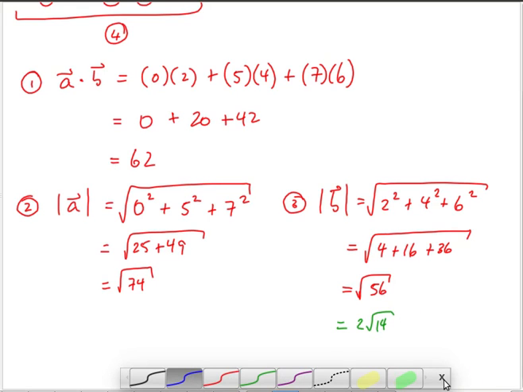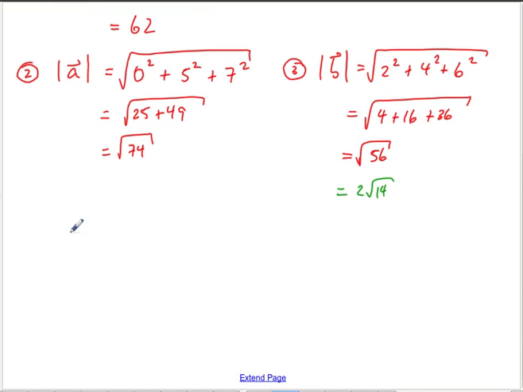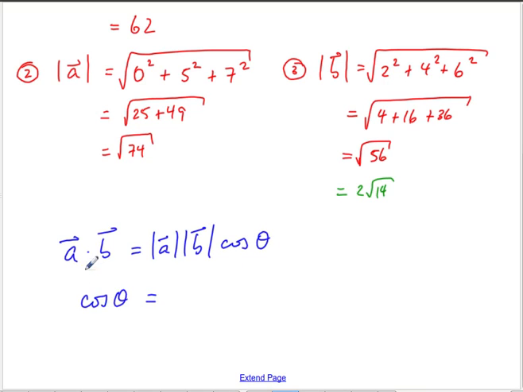And then finally, for step 4, I'm going to put all of this together into my original equation, that A dot B is magnitude of A, magnitude of B, cosine of theta. And actually, it makes sense to simplify before we put any values in here.